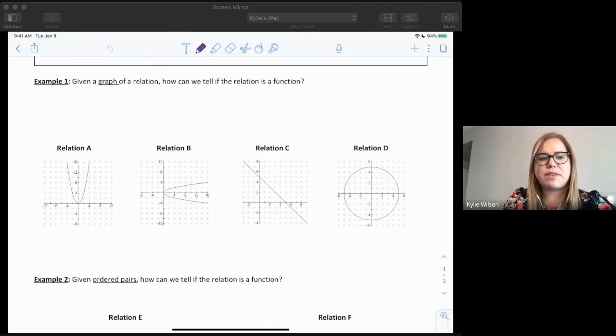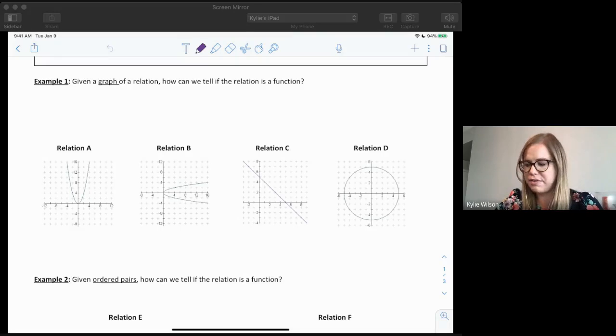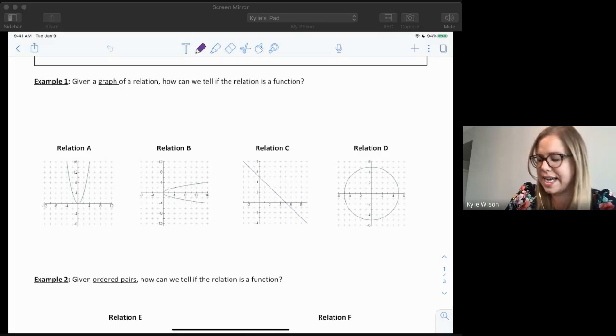So if I'm given the graph of a relation, so I have a curve on a graph, and I want to determine if it's a function, what I'm going to do is I'm going to do what's called the vertical line test.